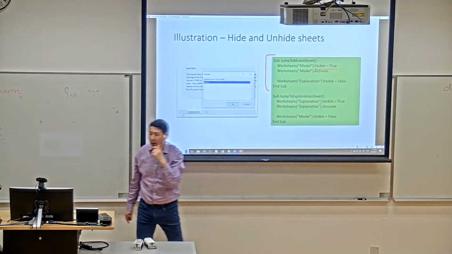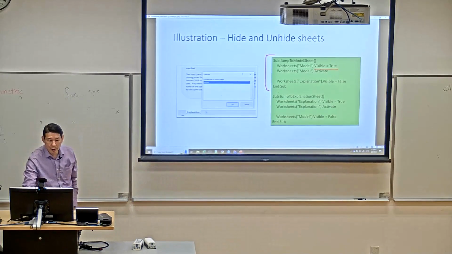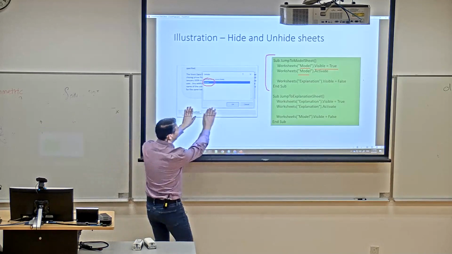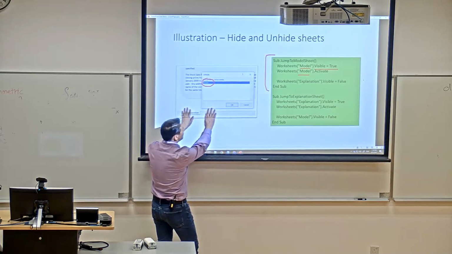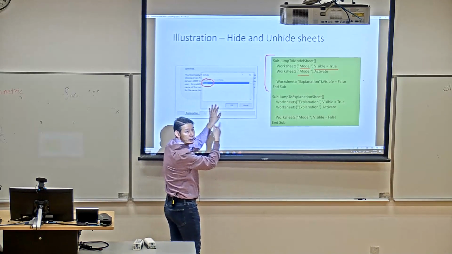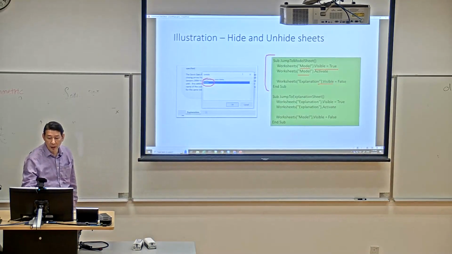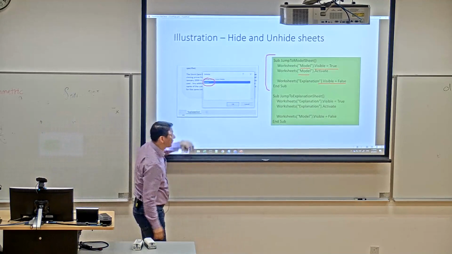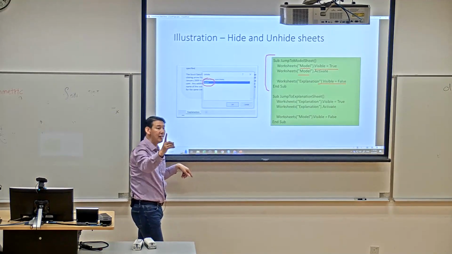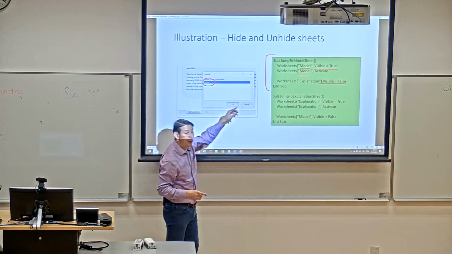Number one, we have to turn this on, make it visible, and then activate. Make it visible, you have two worksheets. Activate it, you actually move to the new worksheet. And the next thing is turn the previous one off, so you only see one worksheet, but with three steps.